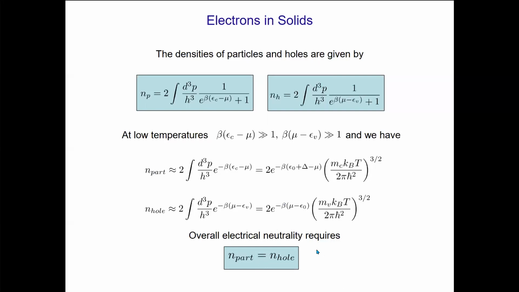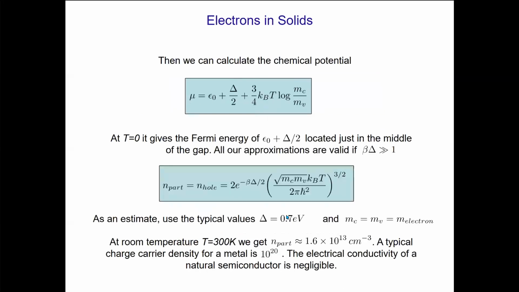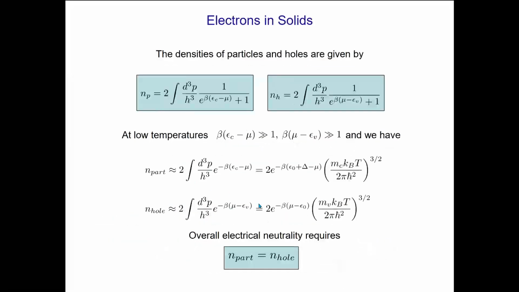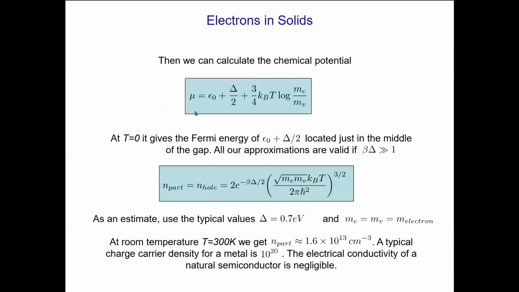you see that the chemical potential here enters with plus sign, here with minus sign. So if you write the equation this equal to this, you can express the chemical potential out of this equation, and the chemical potential becomes equal to this expression.